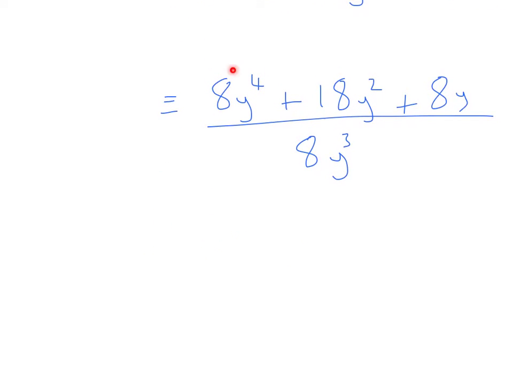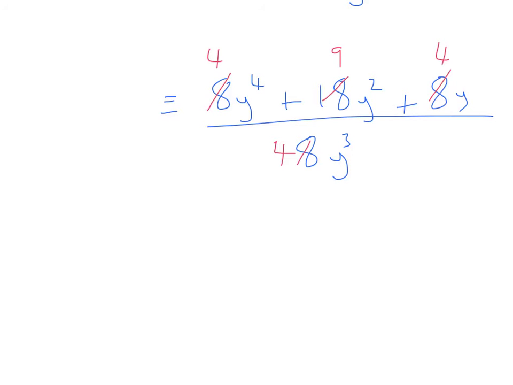Okay, looking at the numbers first to see if we can simplify this further. 8, 18, 8 and 8 all have 2 as a common factor. So we can divide all of these by 2. And then we have a y in every single term.